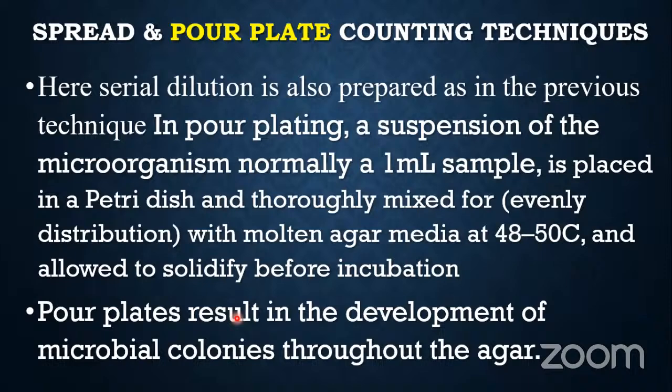Let me say 1 ml of the diluted concentration can be added to a McCartney bottle containing 20 mls and swirled constantly for even distribution. Then it is now poured.